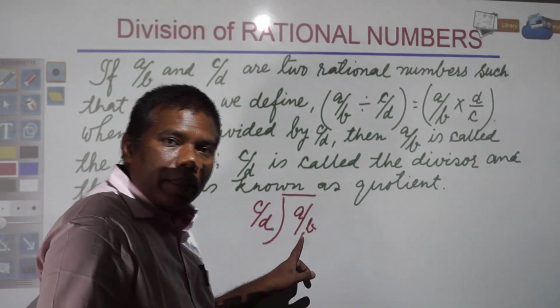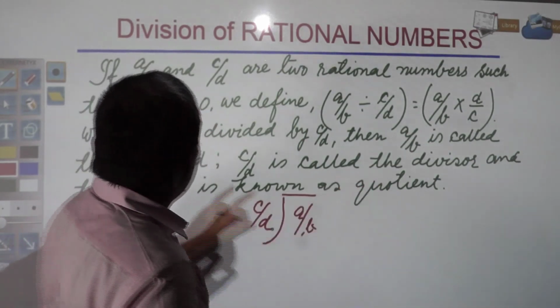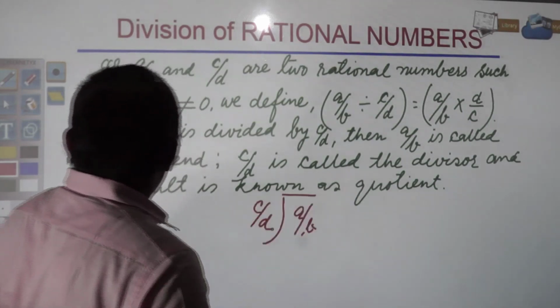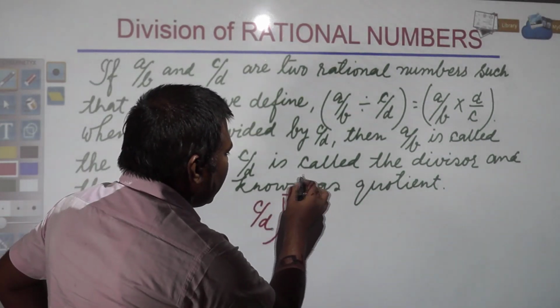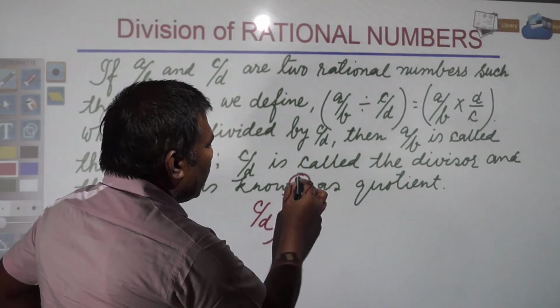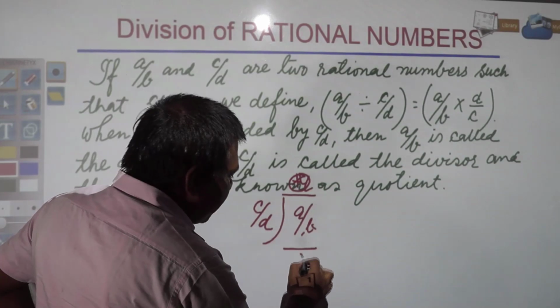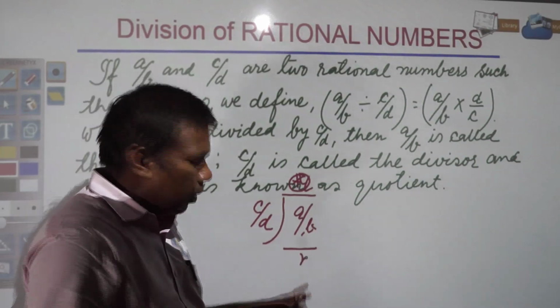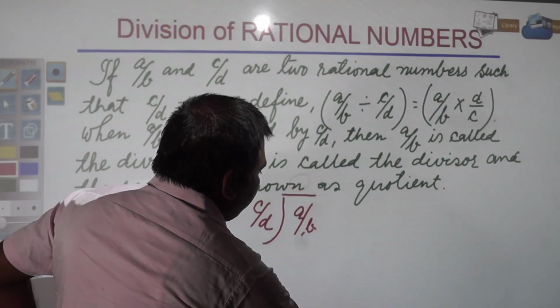Obviously a by b will be the dividend and c by d will be called the divisor, and the result is known as the quotient. Obviously some result you will get over here. So this will be your quotient, and some remainder also you will get. Okay, so we will see it by some example.